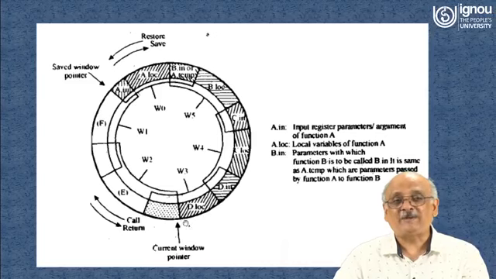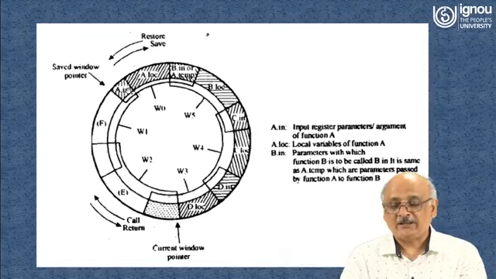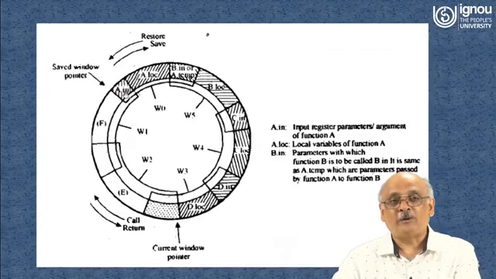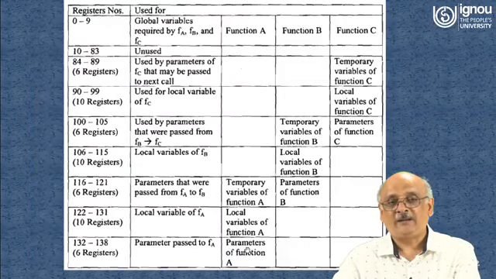The similar thing has been shown with the help of a circular buffer. A input is equivalent to the parameters of function A. A input came from, let's say, the calling program, that is your command line argument.